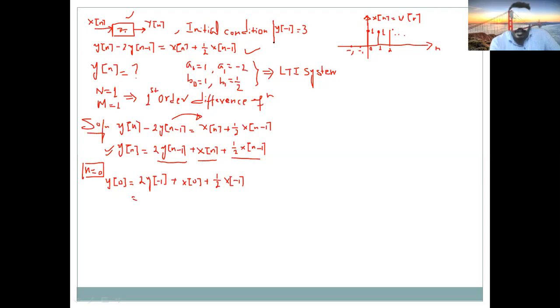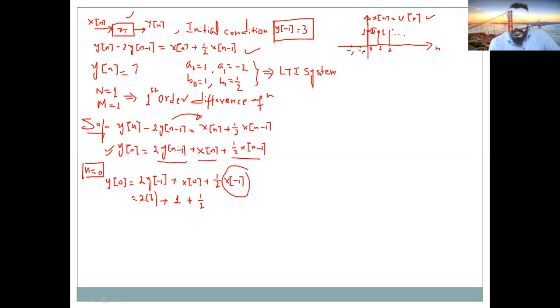Here you see the initial condition is given. The output at minus 1 is 3. So it will be 2 times 3. Y of minus 1 is given. Plus, what is the input at 0? Go to your input. At 0, this unit step is 1. So this value is 1, plus half times x of minus 1.